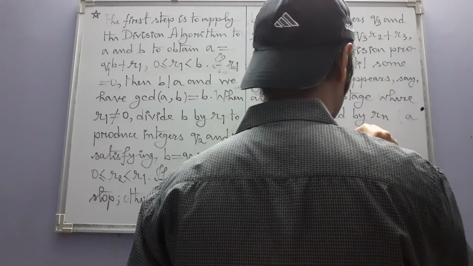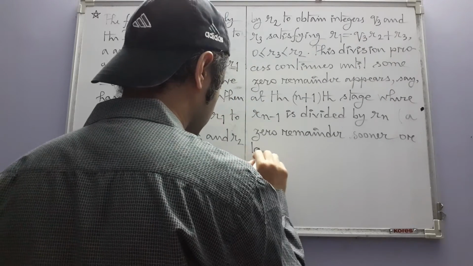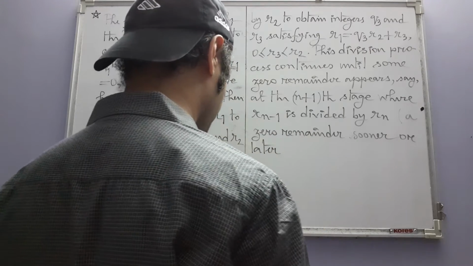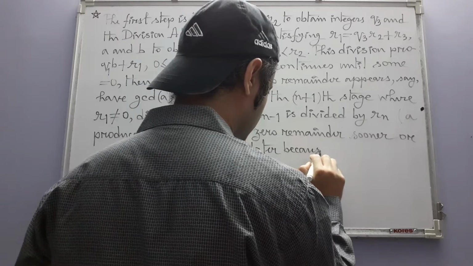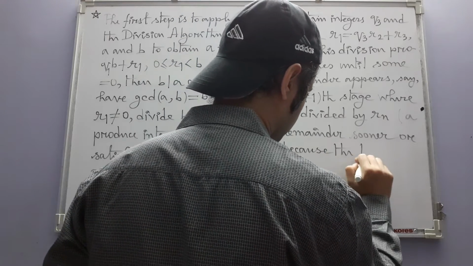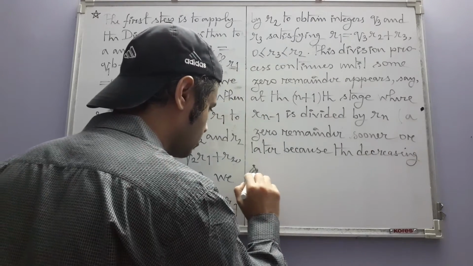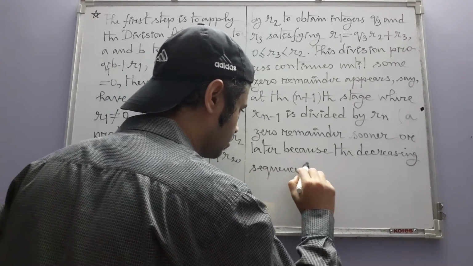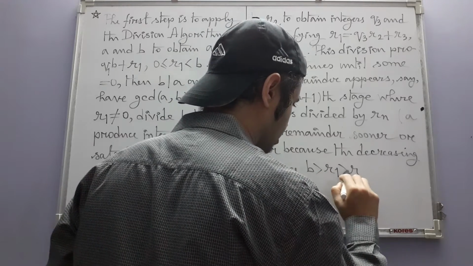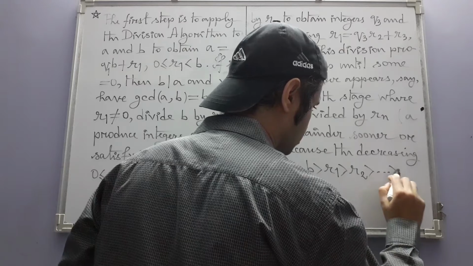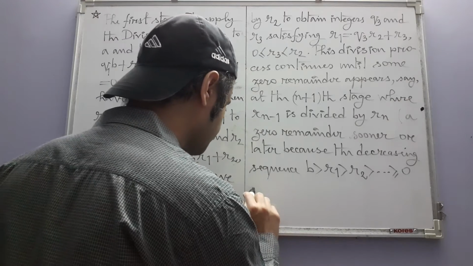A zero remainder appears sooner or later because the decreasing sequence B greater than R1, which is greater than R2, greater than or equal to 0, cannot have more than B integers.